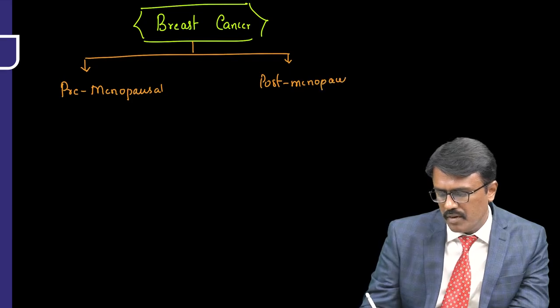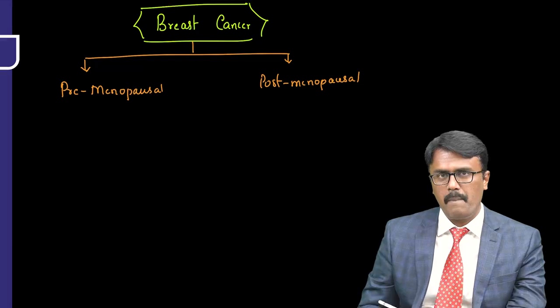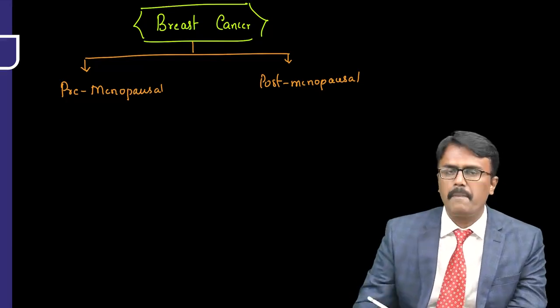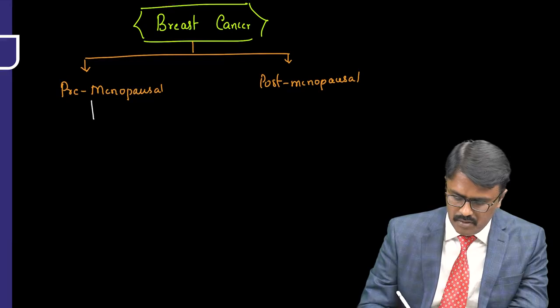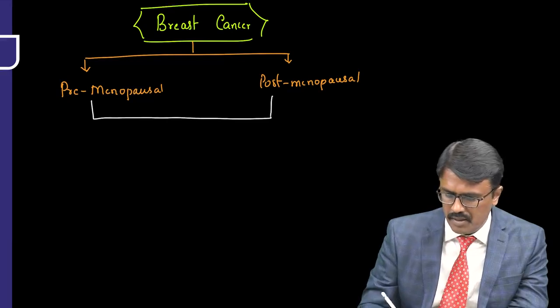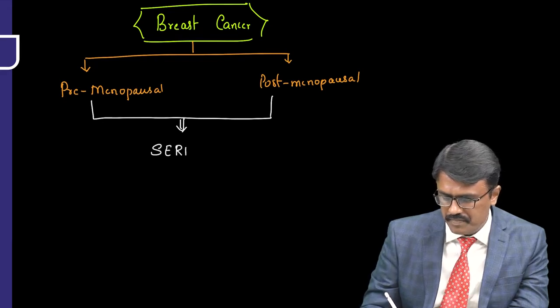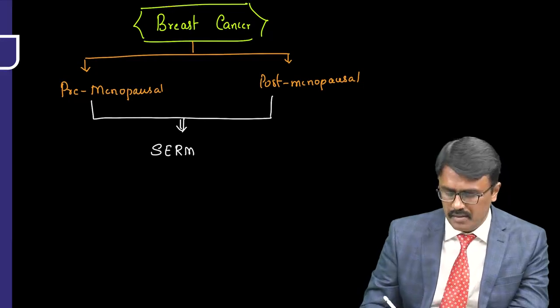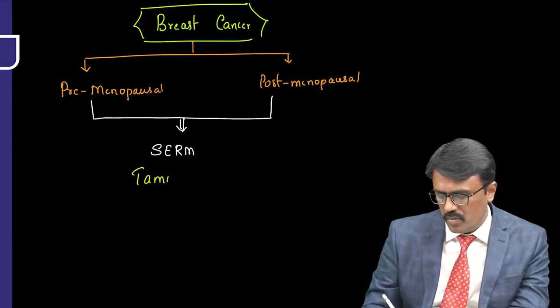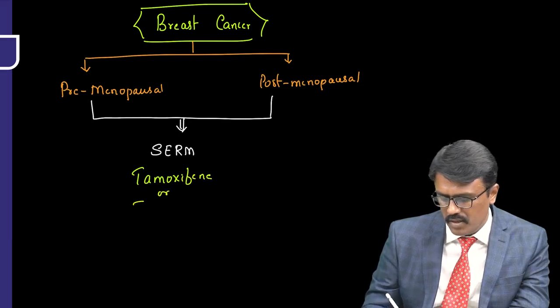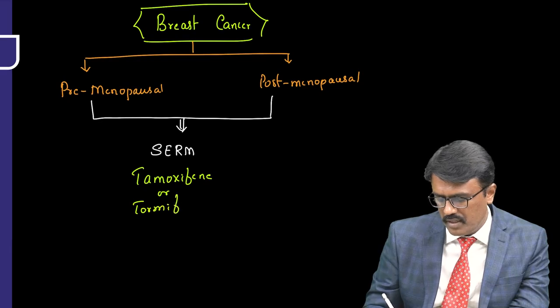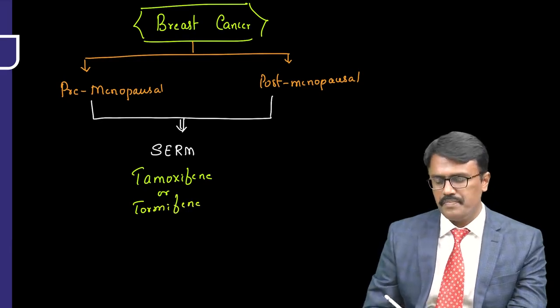For breast cancer, we have plenty of therapies, and hormonal agents are one of them. For both pre and post-menopausal women, the initial therapy will be with the SERMs, and the SERMs we use are tamoxifen, or there is one more drug, toremifene. These are the SERMs which can be used.